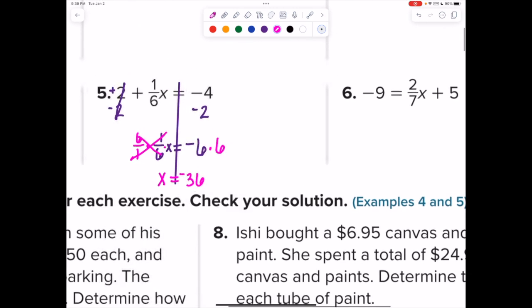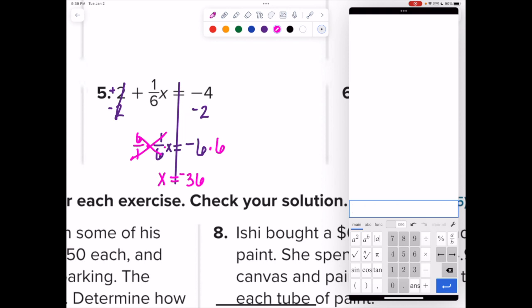All right, check and make sure it works. So this is where Desmos is going to be nice for you. So we have 1/6 of 36 plus 2, and it's got to equal negative 4. So 2 plus the fraction 1/6 times x, which is negative 36, and yep, it equals negative 4.